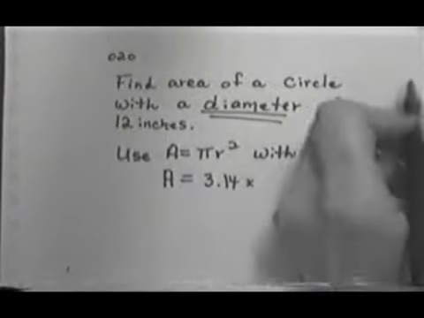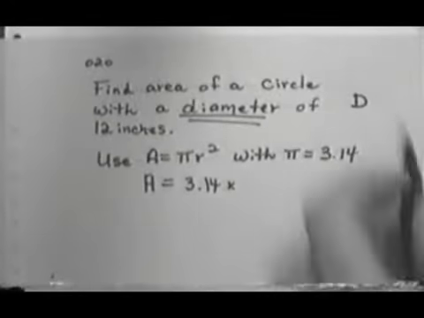So, since the diameter is 12 and it goes all the way across, the radius would be 12 divided by 2, or half of that 12, which will be 6. That's what we want to use in our formula, 6, because the radius is half of the diameter.